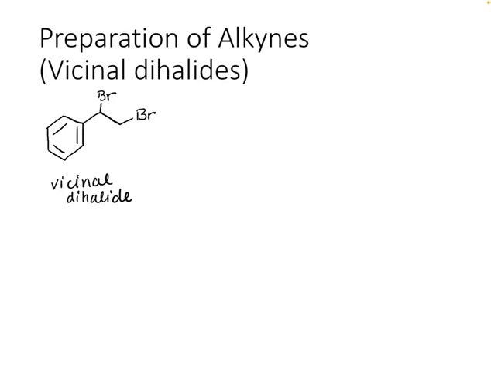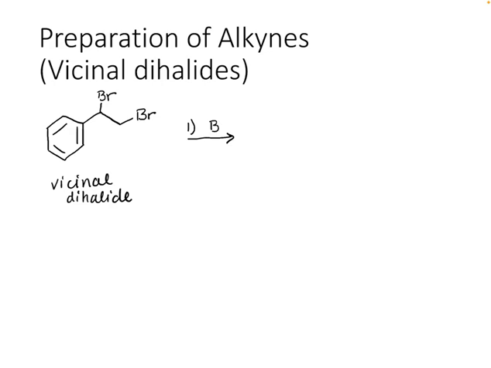However, the process is still the same. The base comes in, it grabs a proton, a leaving group leaves, and then a second molecule of the base comes in, grabs another hydrogen, and the second leaving group leaves. So we do end up with the same product.